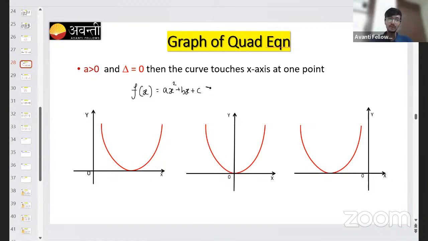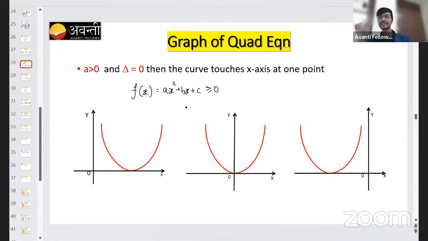That means this will always be greater than or equals to 0. This is important because the question may not directly state this, the question will give this condition. So you must know what the condition for this is: f of x will be greater than or equals to 0. Equals, because the graph is always above or touching.